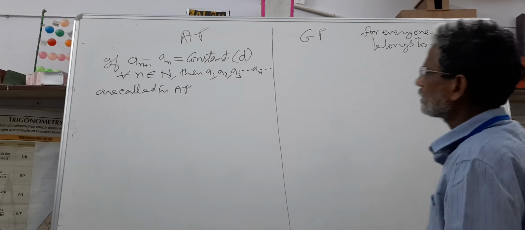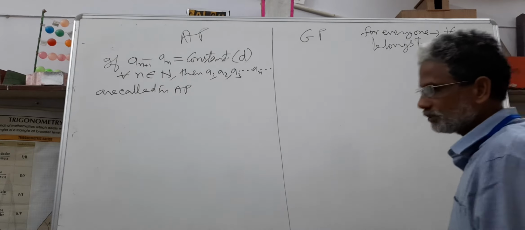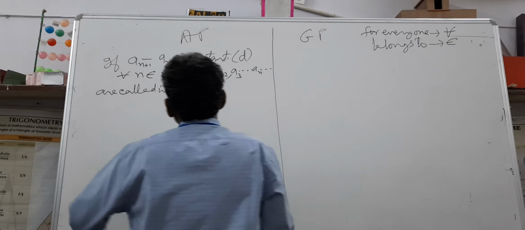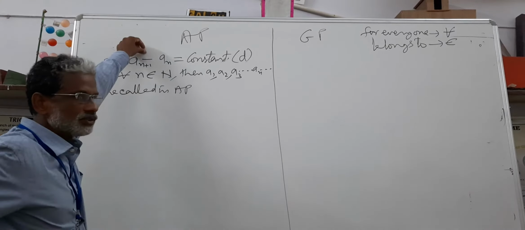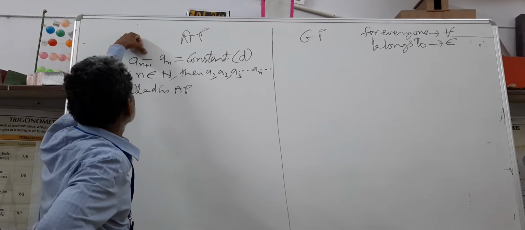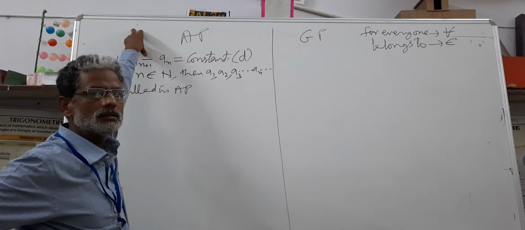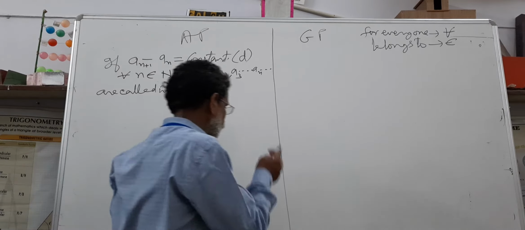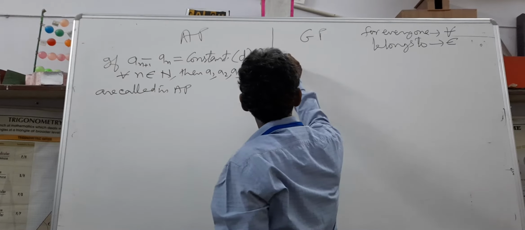As I told you, GP is the short form of AP, and the short form of addition is multiplication. The short form of difference is division. So what will be the definition of GP?